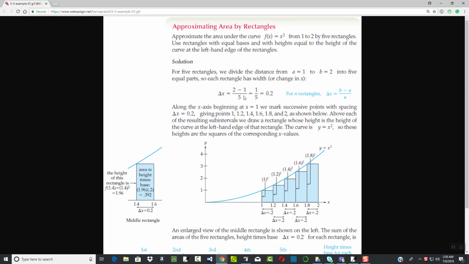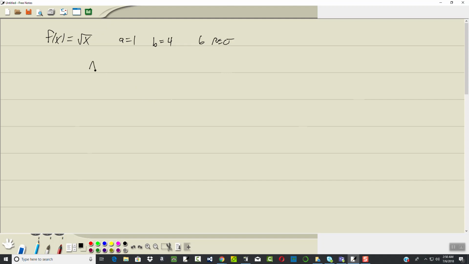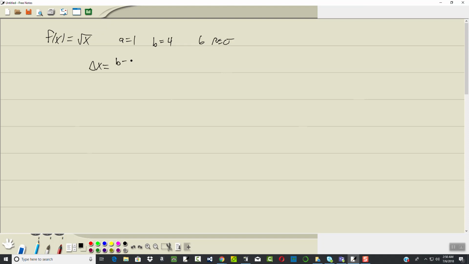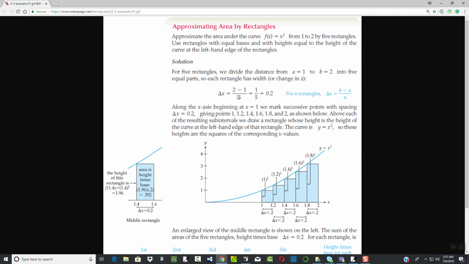Okay, they tell us to use this as our pattern. So this is going from 1 to 2 by 5 rectangles. It looks like what we need to do first is calculate delta x. Although they don't give the formula here, the formula is b minus a, your larger value minus your smaller value, over, and you see it's got a 5 here.